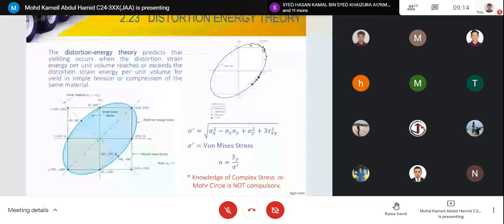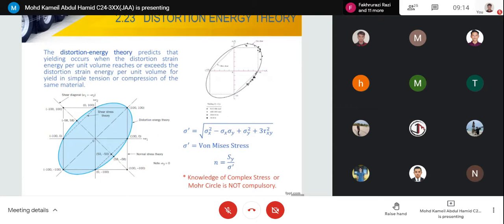So you have to use this equation: sigma prime equals the square root of sigma x square minus sigma x sigma y plus sigma y square plus 3 tau xy square. Sigma prime is the von Mises stress. The last thing is important: the safety factor is just your SY divided by your sigma prime. So that is the idea.